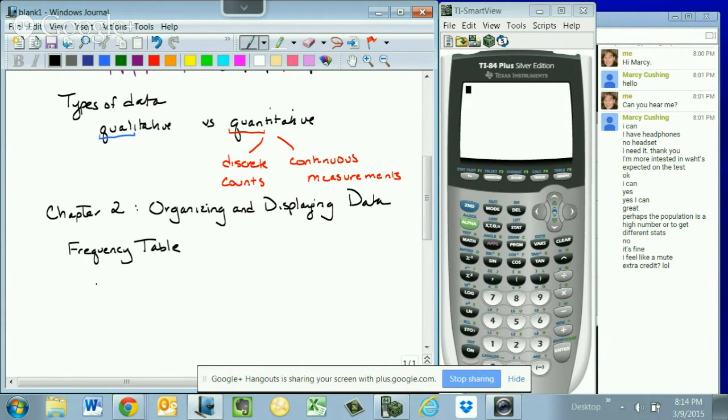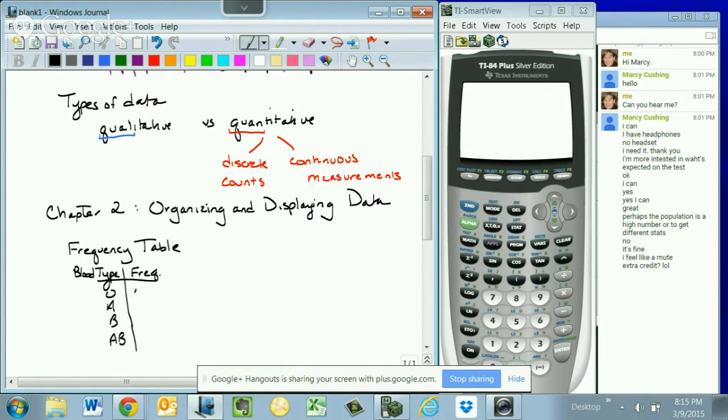So for example, maybe you survey 100 people and you ask them their blood type. And there are 4 different blood types. And you basically count the number of type O's, the number of type A's, type B's, type AB's.